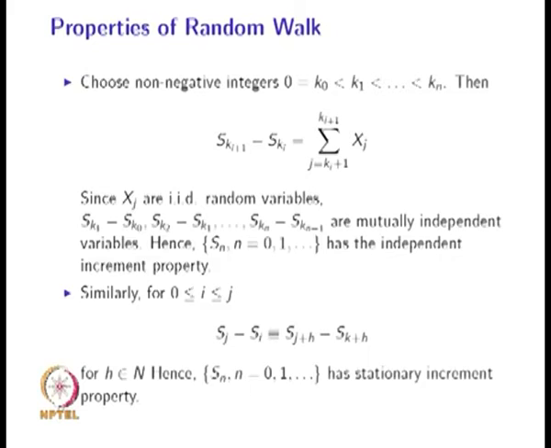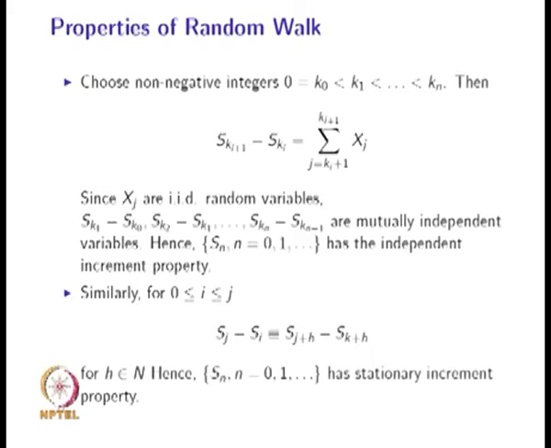That means if you find an n-dimensional random variable and shift it by h, and find another n-dimensional random variable, if the joint distributions are the same for both the n-dimensional random variable without shifting and with shifting, then that stochastic process is called stationary. But here the stochastic process is not stationary, the increments are stationary. That means if you have increments and you shift the increment by some interval h, then the distributions are going to be identical.